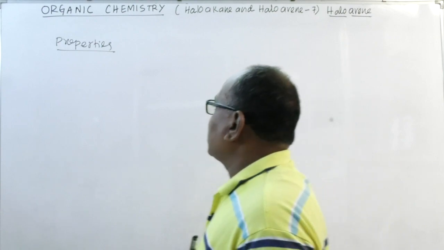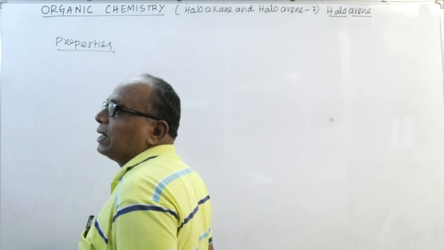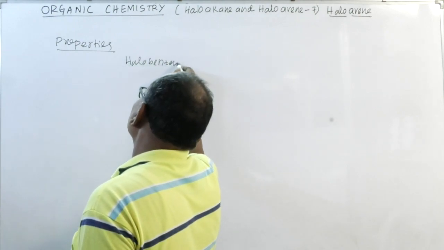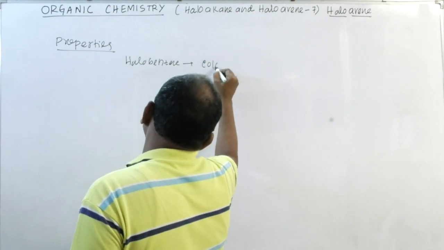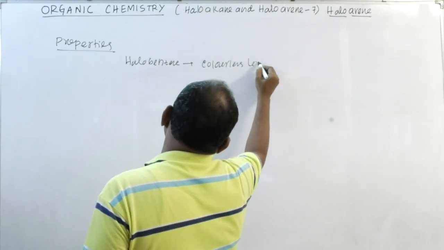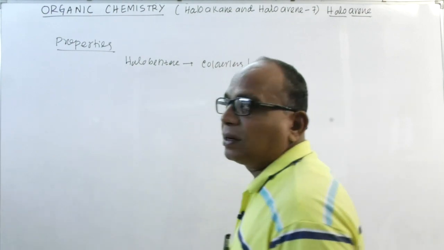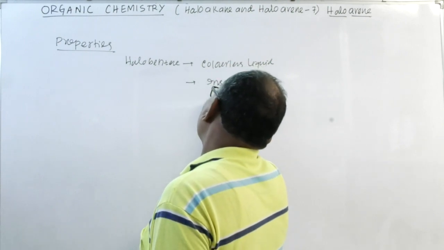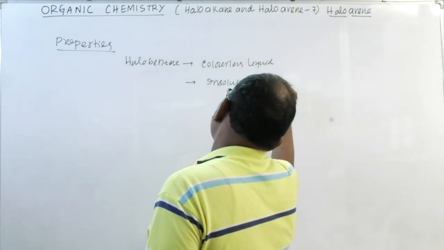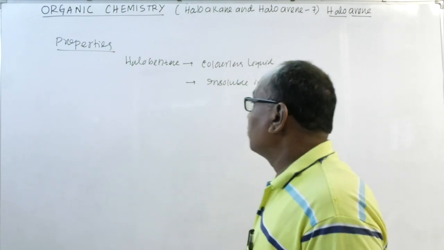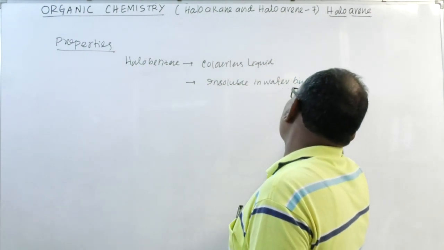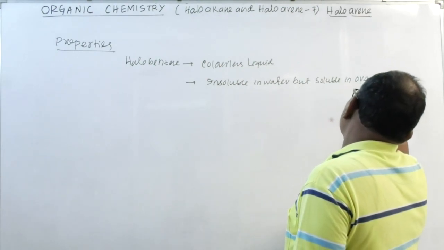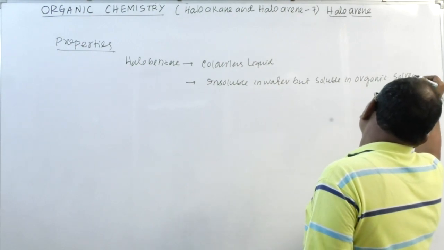Particularly, you will study the properties of chlorobenzene and halobenzenes. They are colorless liquids, insoluble in water but soluble in organic solvents.